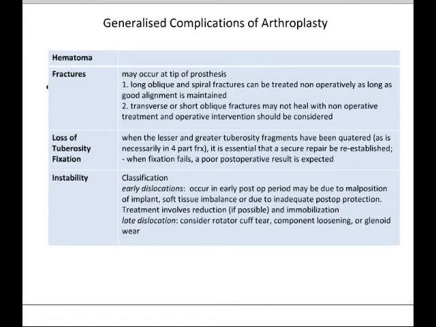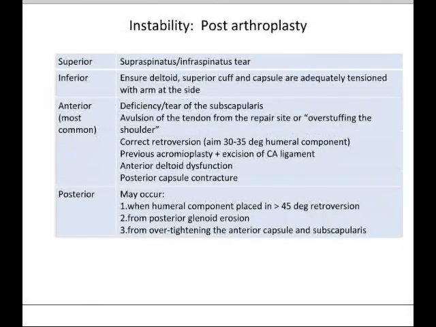There's no current evidence to support the duration of immobilization after that. Late dislocation can occur with progressive cuff tears, component loosening, or glenoid wear. The instability you get post-arthroplasty can be superior, inferior, anterior is the most common, or posterior.